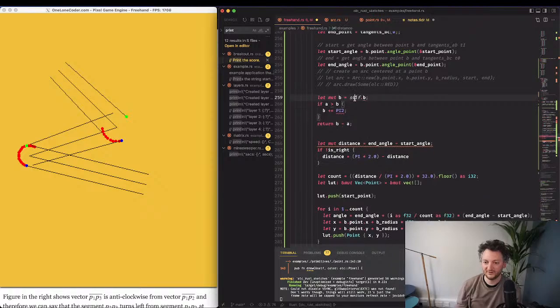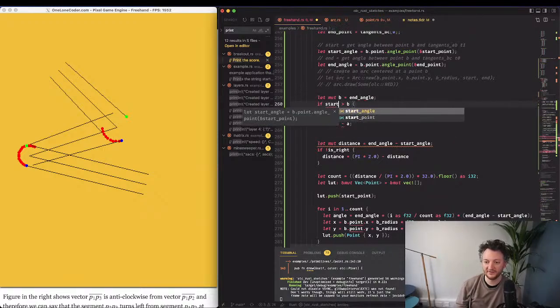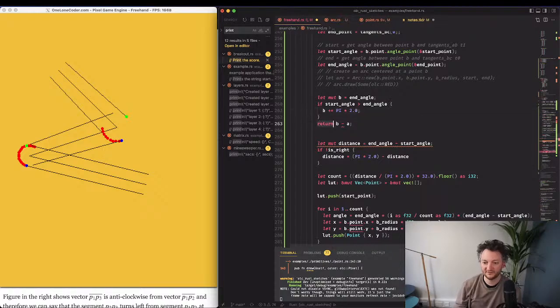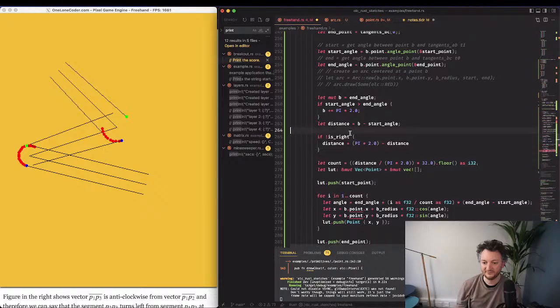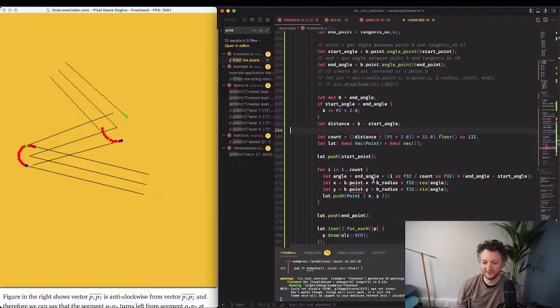So let B equals end angle. If start angle is greater than end angle, then B plus equals pi times 2. And then let distance equals B minus start angle. I think this is the way.